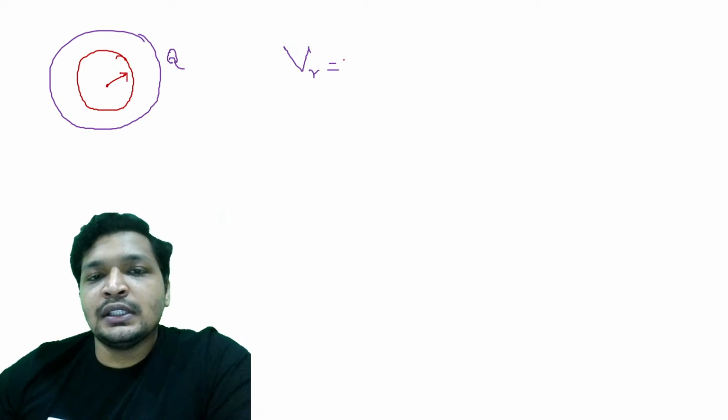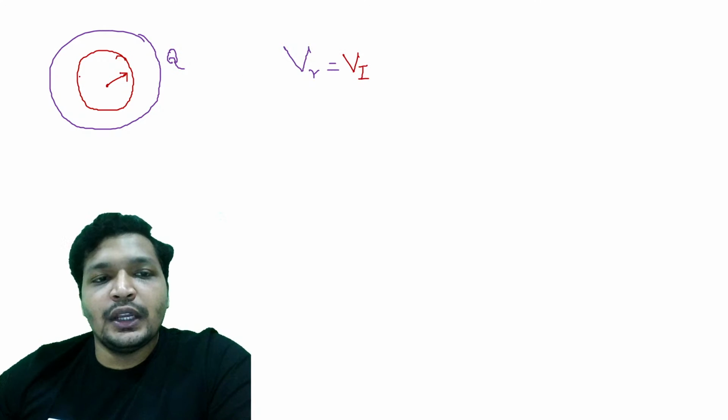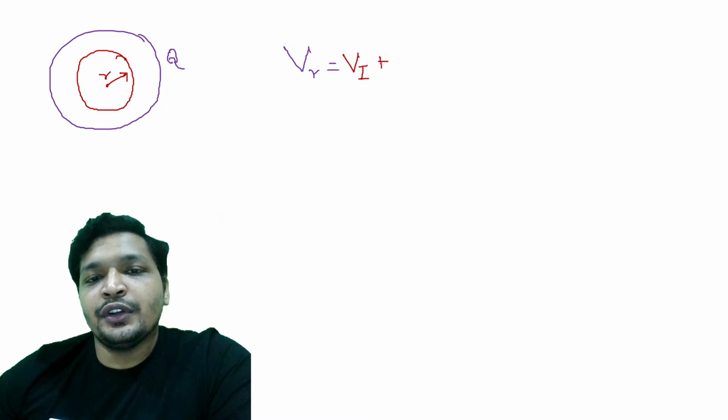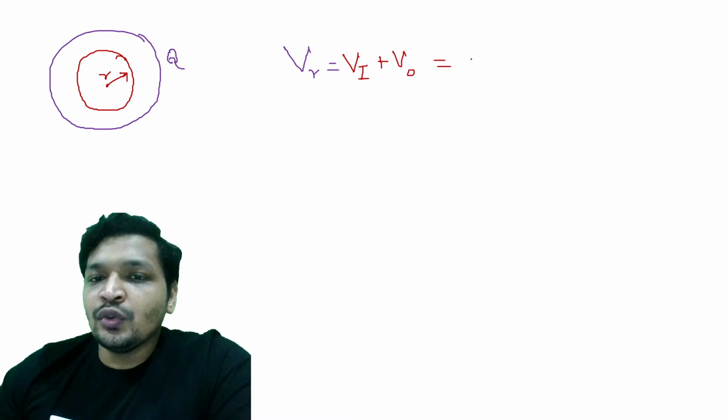You need to add two things. One is going to be due to inner, and one is going to be due to the outer. And from this, we will get two things.